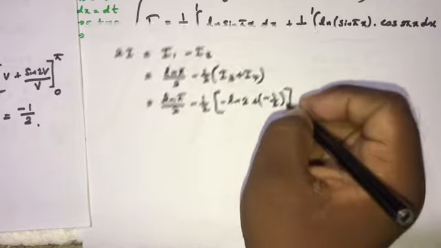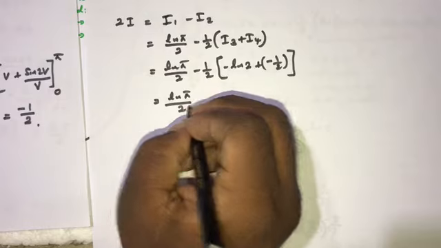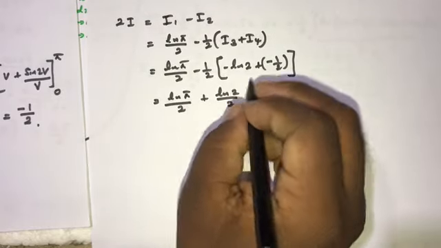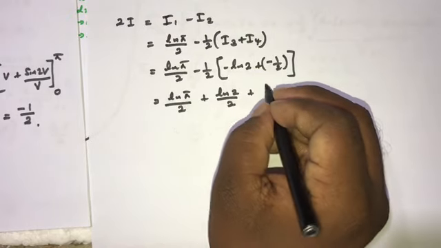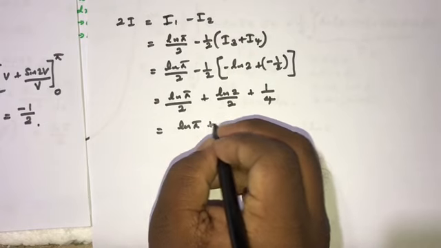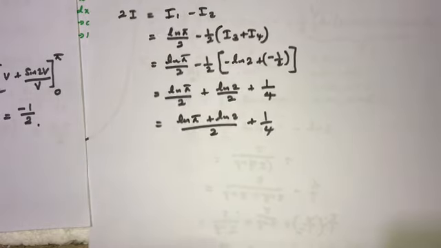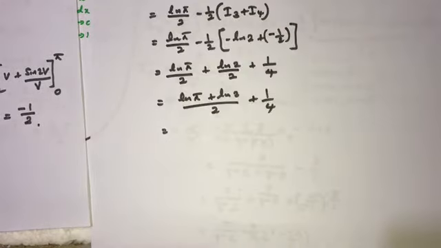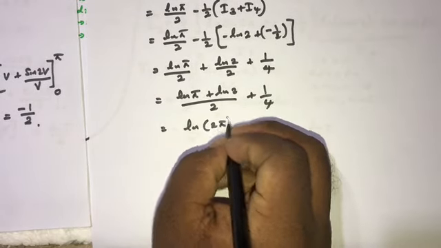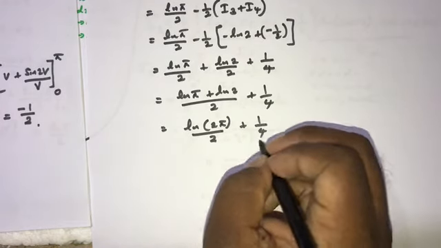Okay, now we can simplify, here natural log of π over 2, here plus natural log of 2 over 2, here again plus 1 over 4. Now natural log of π plus natural log of 2 over 2 plus 1 over 4, and according to the property of natural log we can write natural log of 2 times π over 2 plus 1 over 4.